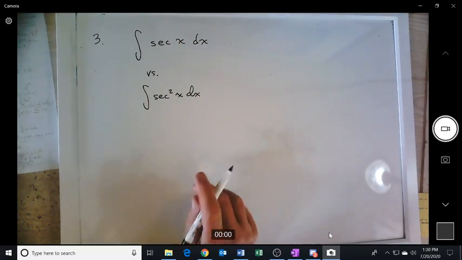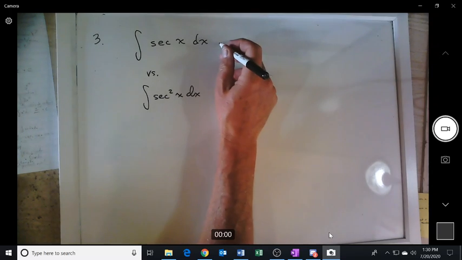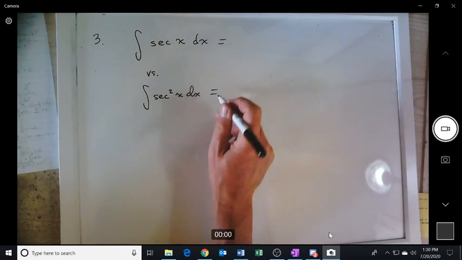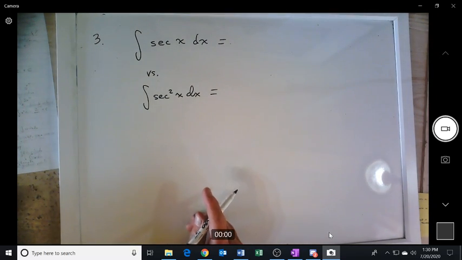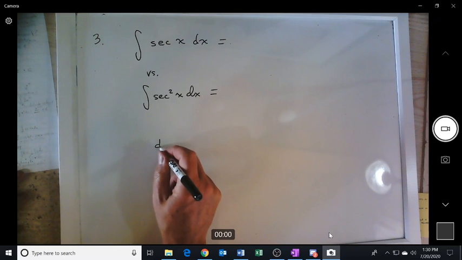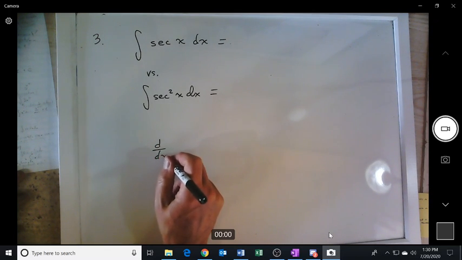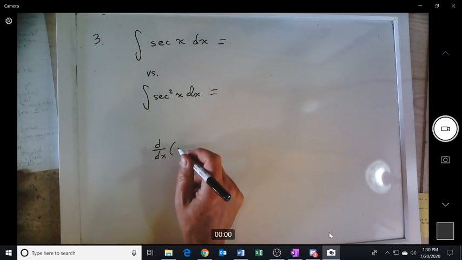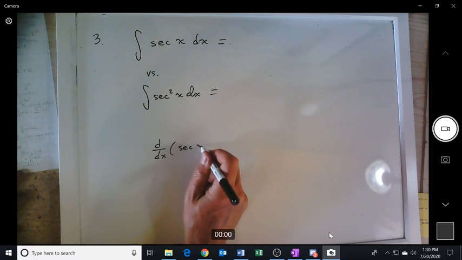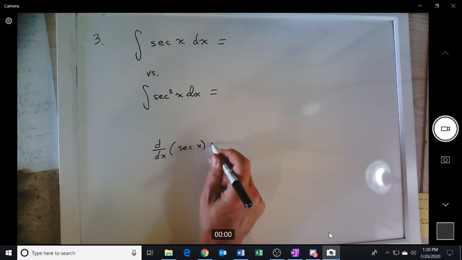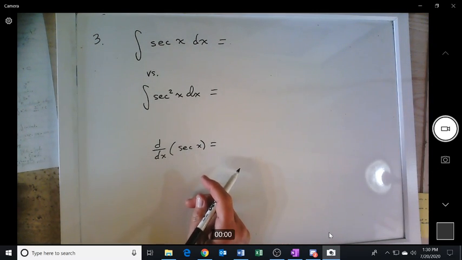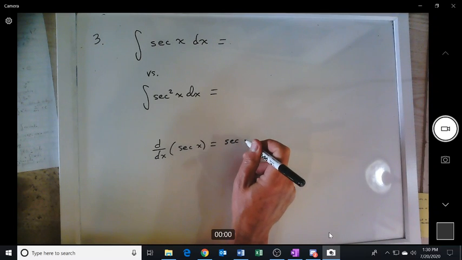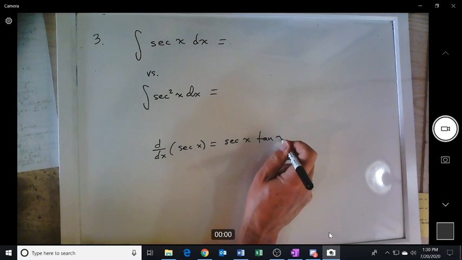Alright, so let's look at these things for a minute. The derivative, what was the derivative of secant x? That was secant x times tan of x. Secant x tangent x.